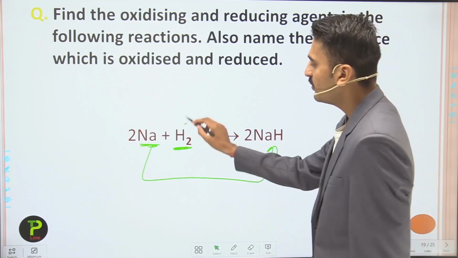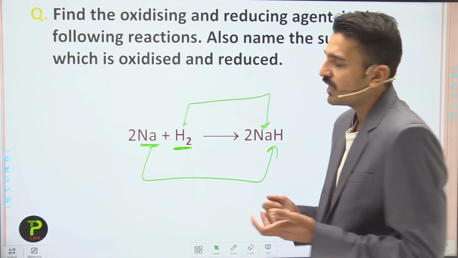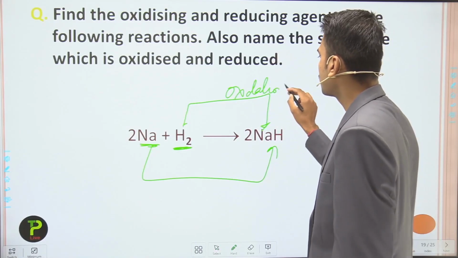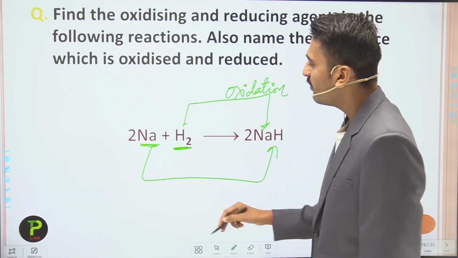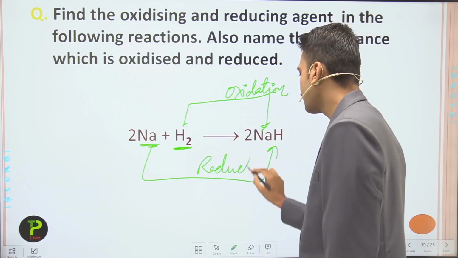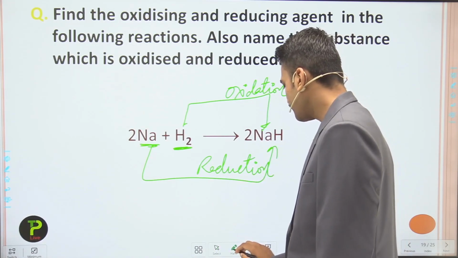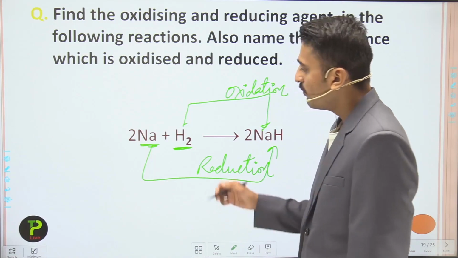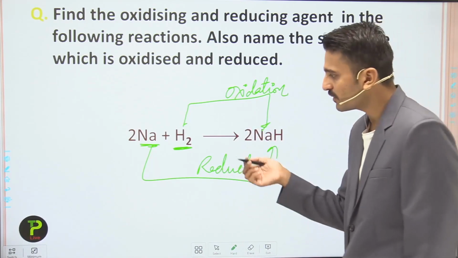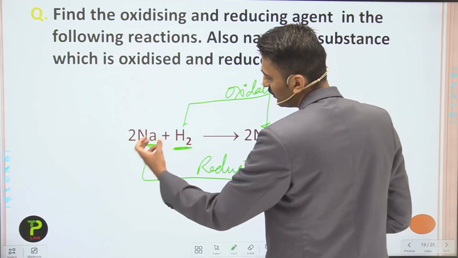The removal of a hydrogen atom is oxidation, while the addition of hydrogen is reduction. The substance which is getting oxidized is hydrogen, while the substance which is getting reduced is sodium.